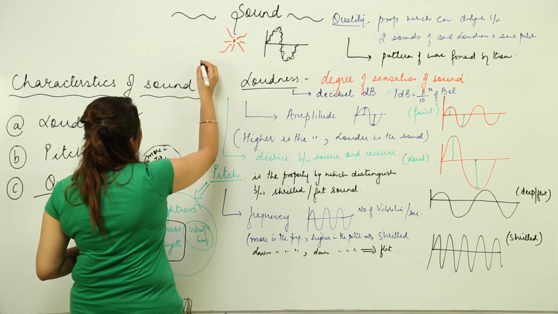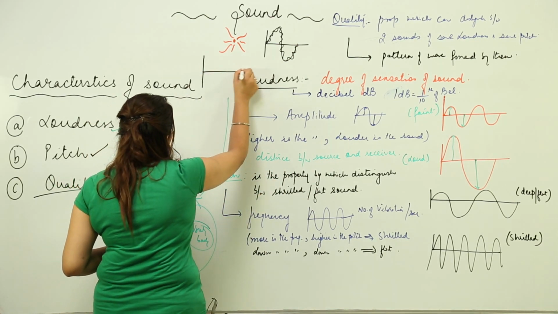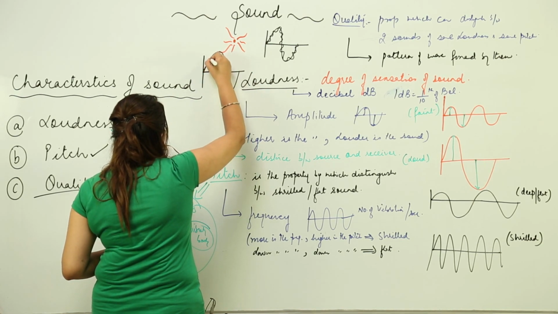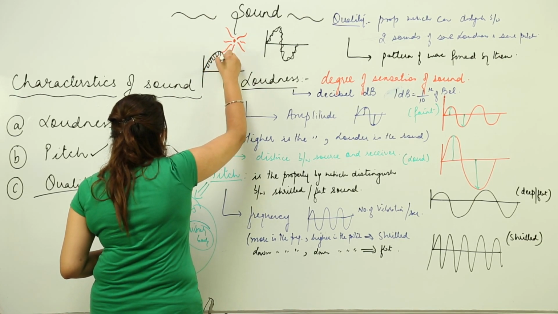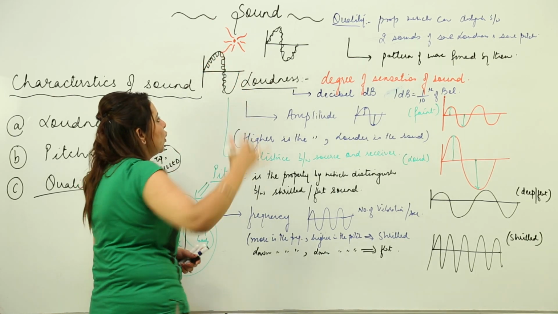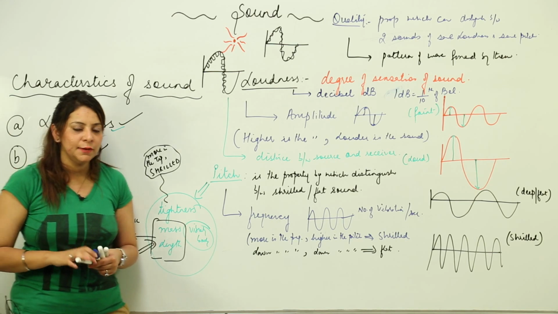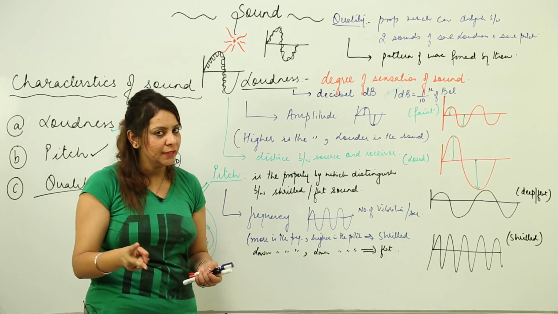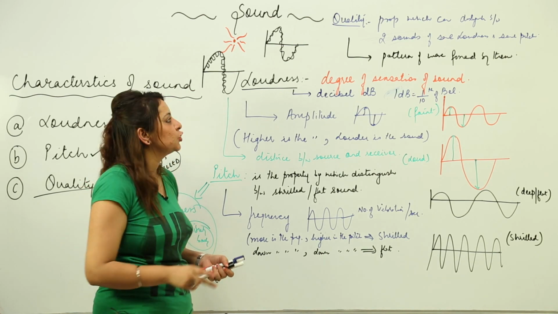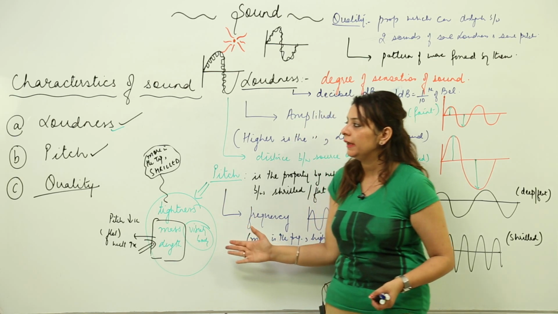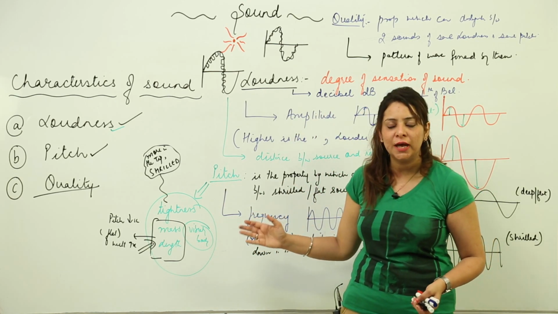And if I ask you for a drum sound, suppose it is like this. So that means they are forming different wave patterns, due to which we can distinguish between two different sounds of the same pitch and same loudness. So these are the three important characteristics, that is the loudness, pitch and quality.